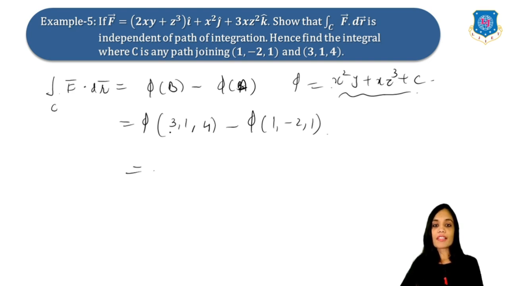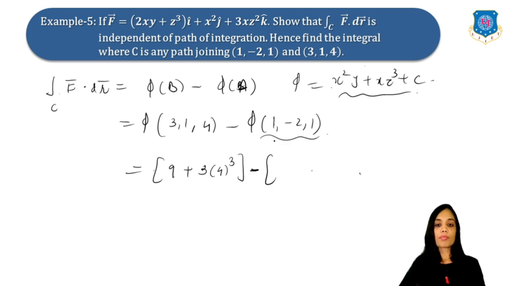So our x is 3, so 9 into 1, so 9 plus 3 into 4 cube, right? Minus. Now put in these values: x is 1 and y is minus 2, so the answer will be minus 2. Now plus, x is 1, z is 1, so again 1.